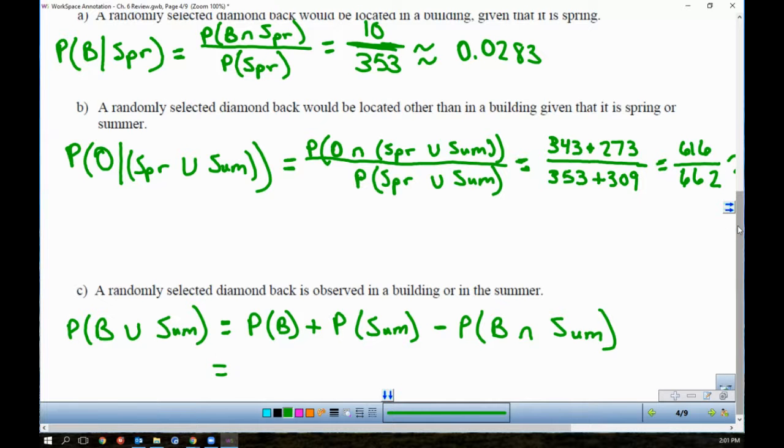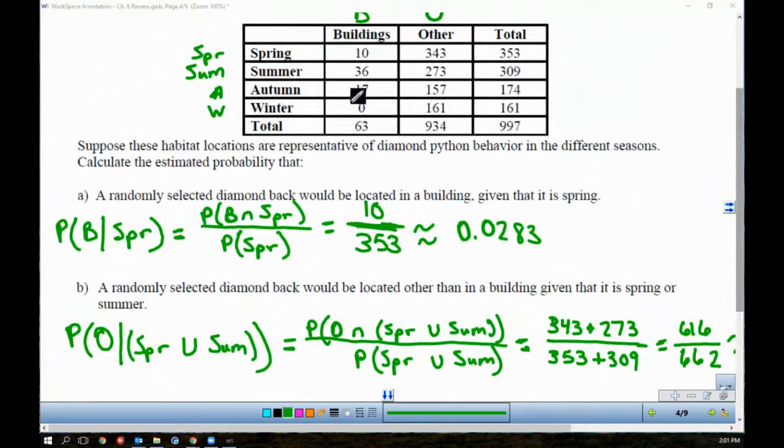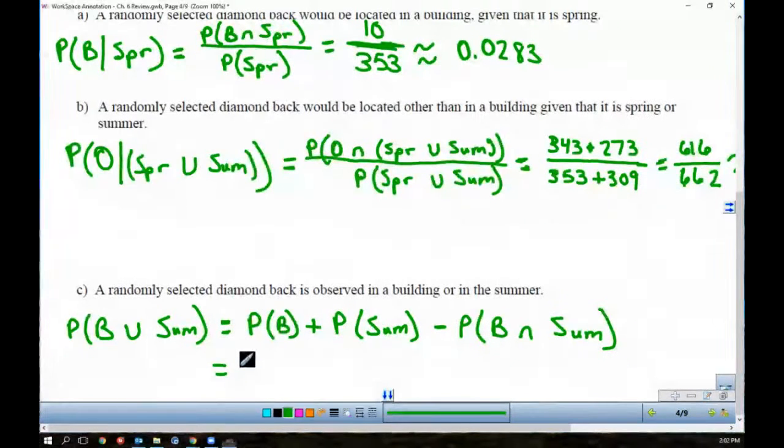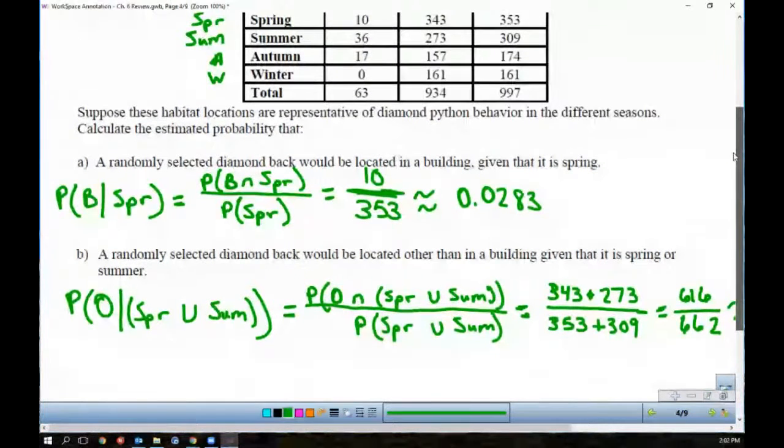So here we actually need probabilities. The probability of building would be 63 over 997. Probability of summer would be what? 309 over 997.